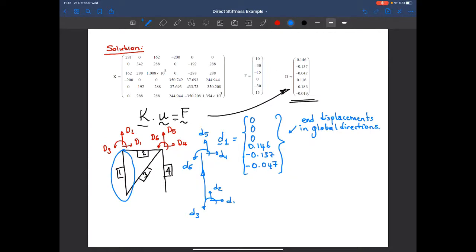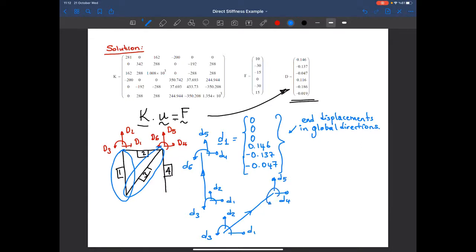Let's do the same thing for the third member. Okay, so let's show its degrees of freedom. I'm showing them in global directions: D1, D2, D3, D4, D5, and D6.